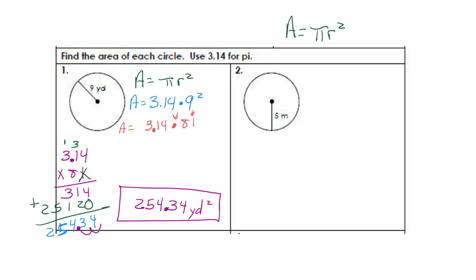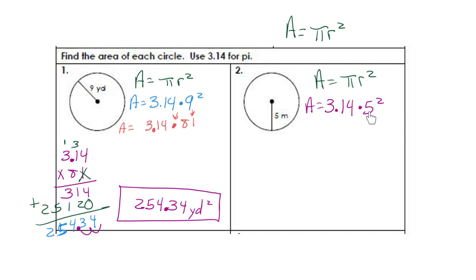Okay, let's look at number 2 here. So I know, again, the radius is 5. So I'm going to go ahead and just write that out again. So A equals pi r squared. Insert the information I know. A equals 3.14 times 5 squared. Okay, so first thing we're going to do, order of operations, right? No parentheses.